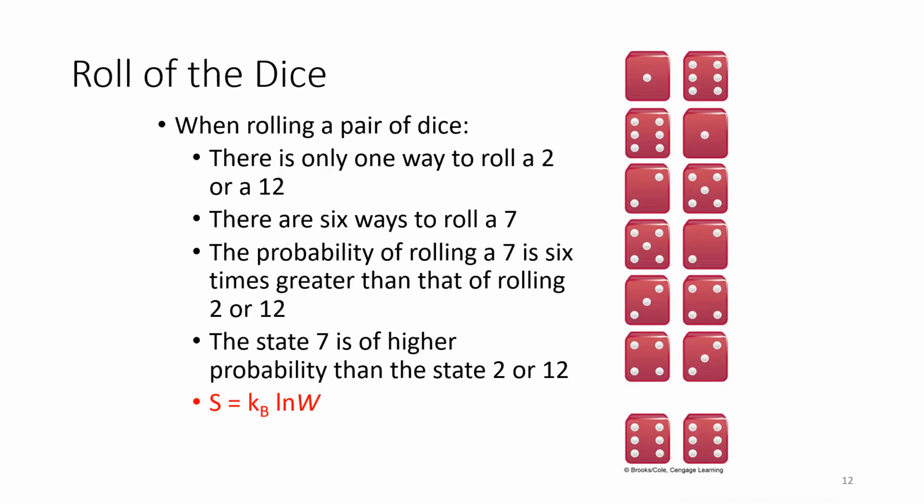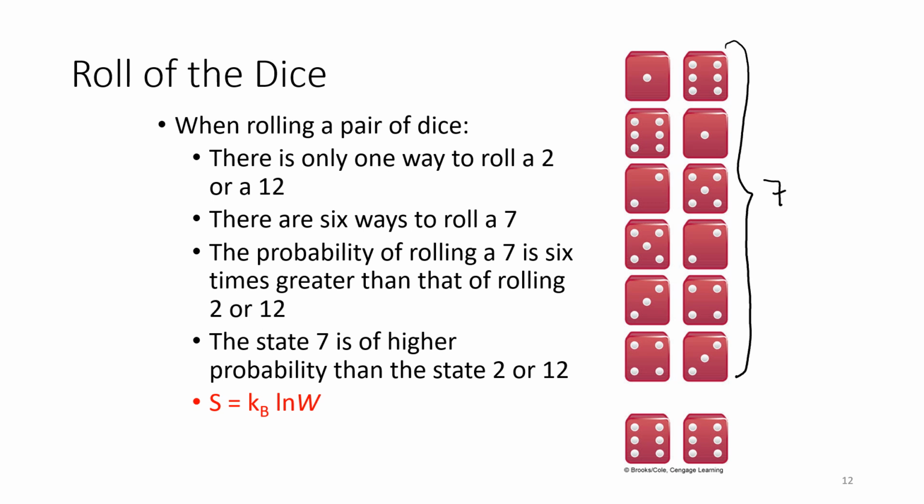So one really good way of thinking about whether something is random or not is looking at rolling dice. Over on the right-hand side, notice that I have a whole bunch of ways to roll a 7. There happen to be 6 possible ways to roll a 7. The first die can be a 1 and the second one could be a 6, or the first die could be a 6 and the second one could be a 1.